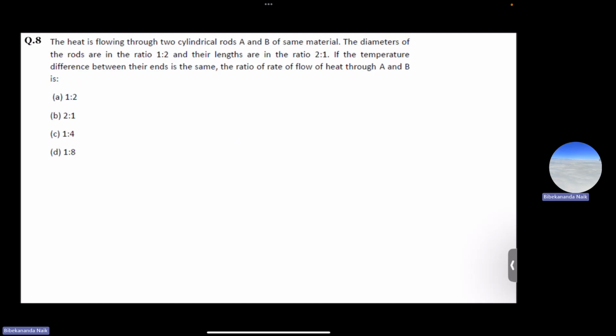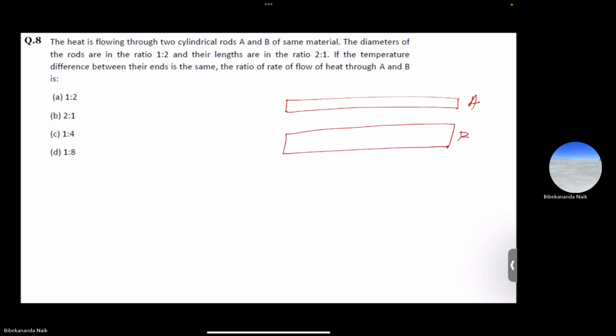Here it says heat is flowing through two cylindrical rods A and B. Suppose this is one rod, this is A, and this is B. Suppose the diameter is D here, the diameter is 2D here, and the lengths are in the ratio 2 is to 1.